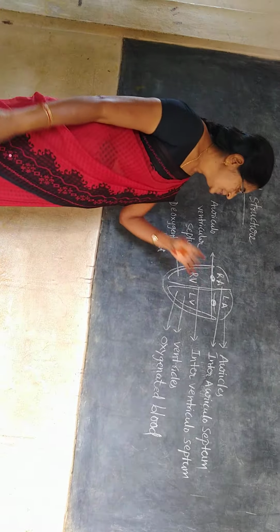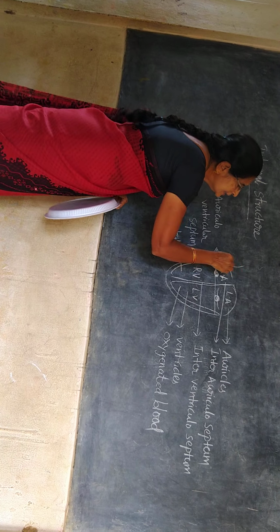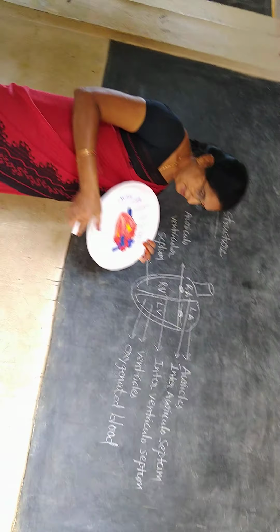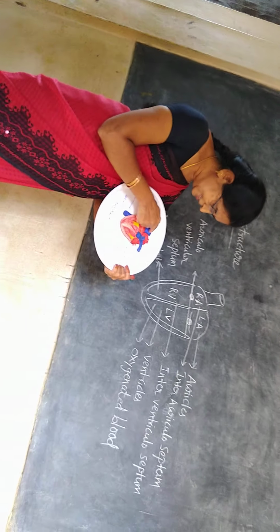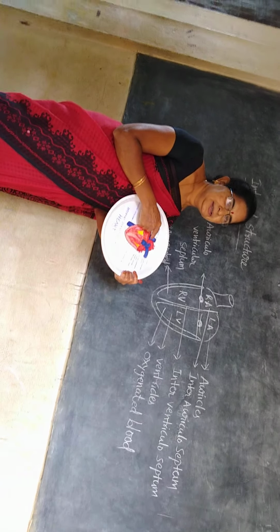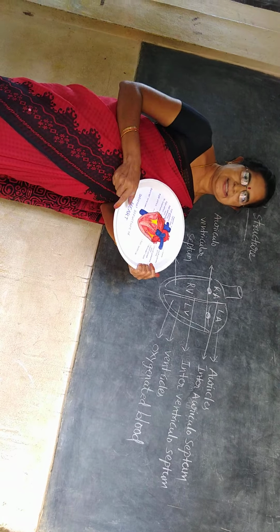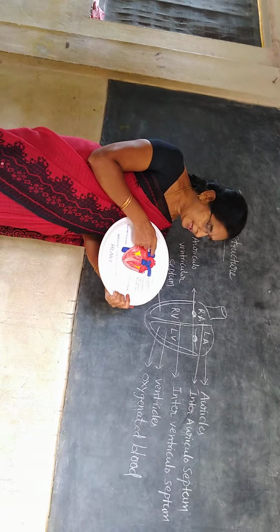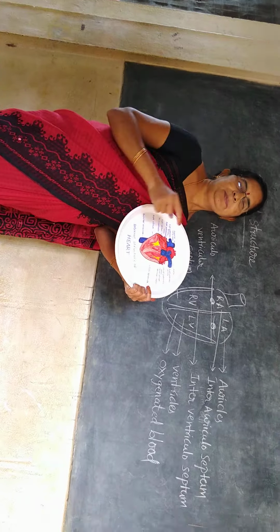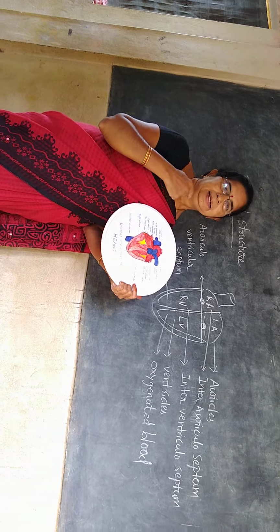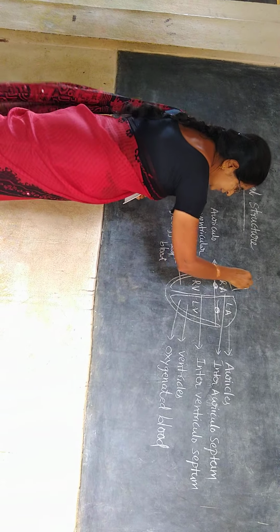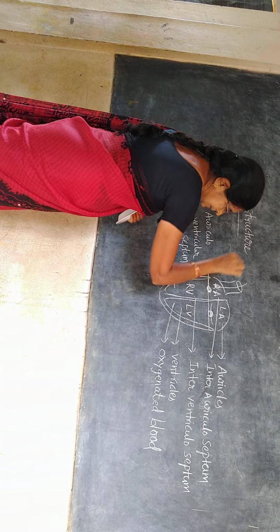If you observe here at the right auricle, there is a blood vessel called the superior vena cava. We have already discussed veins. Superior vena cava always collects deoxygenated blood from the head and neck, and that will enter into the right auricle.